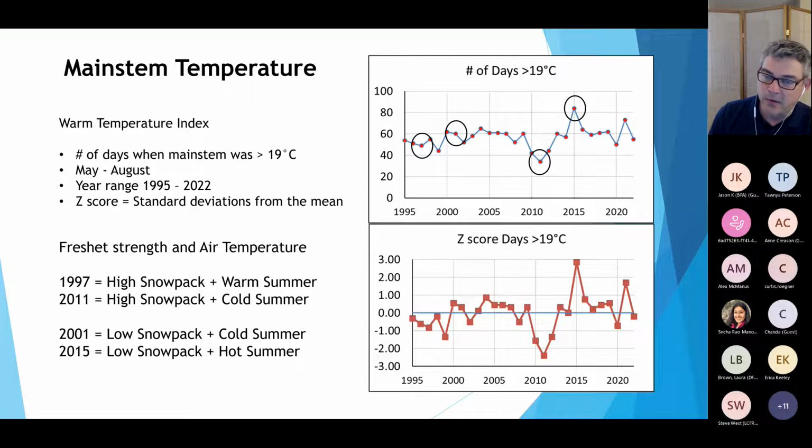In terms of the standard deviations from the mean, certainly 2015 stood out, as it did, you'll remember, with ocean conditions that year, and we had the North Pacific temperature anomaly. So that was my attempt to summarize how I think the importance of the river for controlling these basic conditions, and how it relates to our EMP sites.